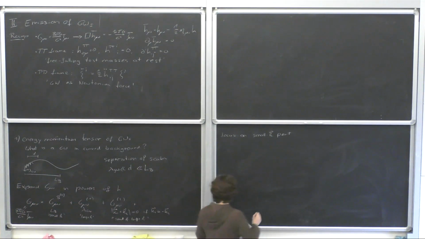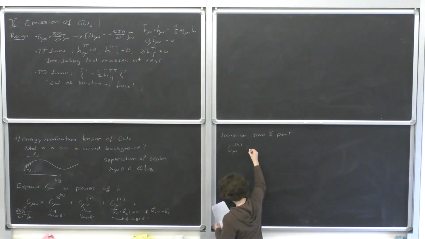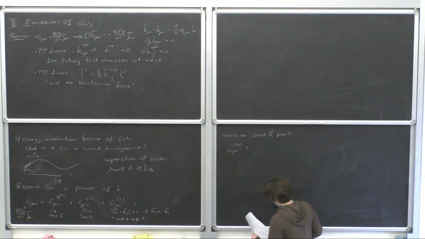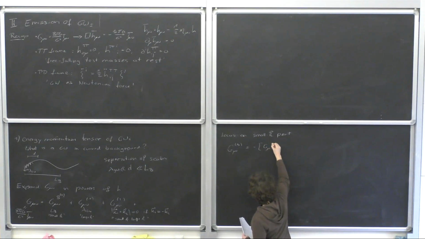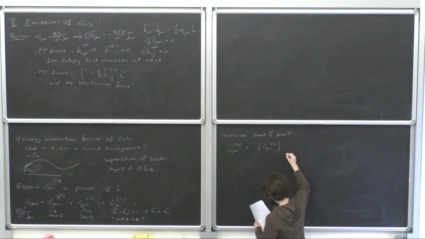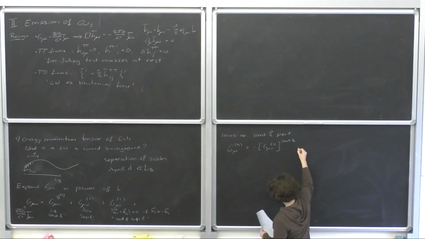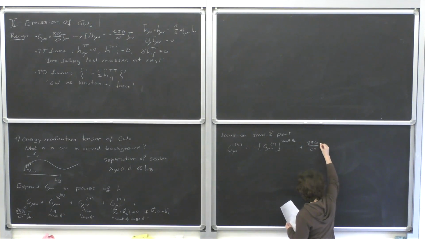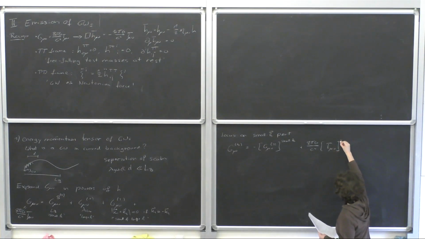So then I get G mu nu background is now I just take the small k part of this second guy. So it's minus G mu nu second order. Let me put just small k. And then plus the energy momentum tensor, the matter energy momentum tensor. And of course, also here I need to, if relevant, take the small k part.